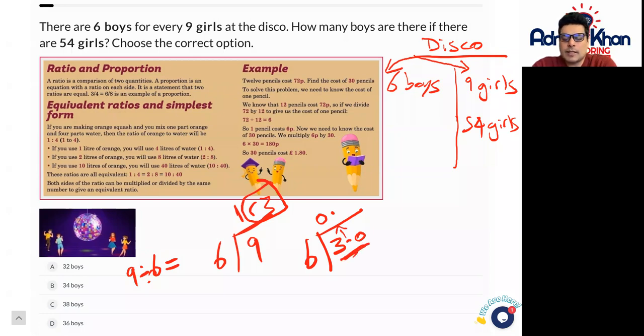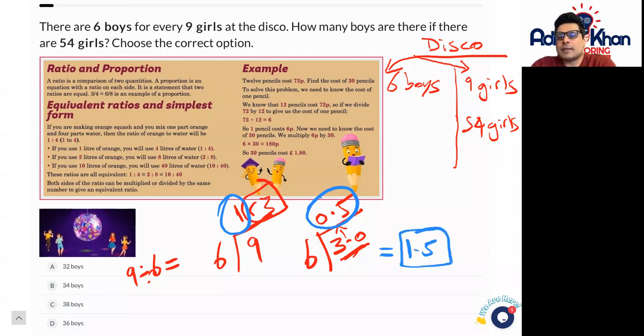So how many times can 6 divide into 30? We know that 6 can divide into 30 5 times. So 0.5. So now we're going to add these two numbers together, 1 and 0.5. So 1 and 0.5 gives us 1.5 as a scale factor.